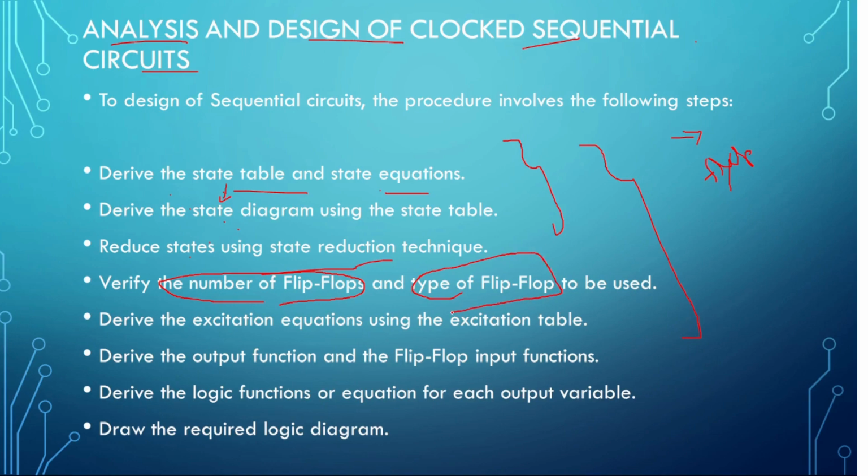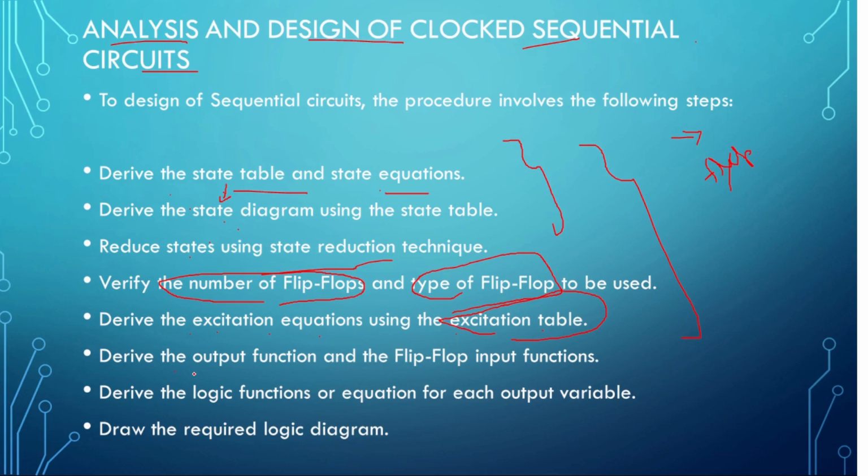Some sequential circuits need T flip-flops or D flip-flops, and some need SR flip-flops. Next, you need to derive the excitation equation using the excitation table. With the help of the excitation table only, you can write this excitation equation.